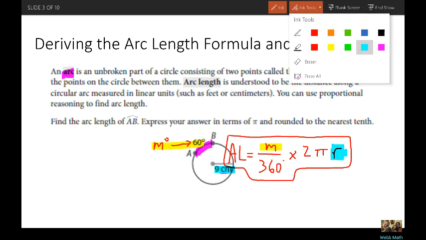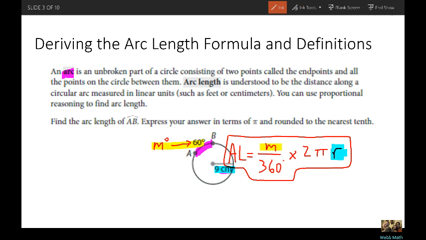So let's look at my situation here. M was 60. I'm just substituting into my equation. There's again 360 degrees in a circle, times 2 pi, times r, which is just 9 centimeters.